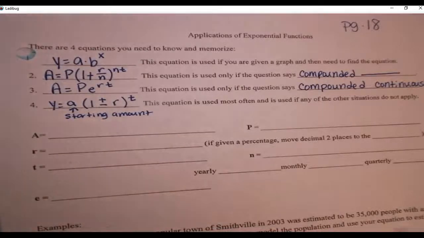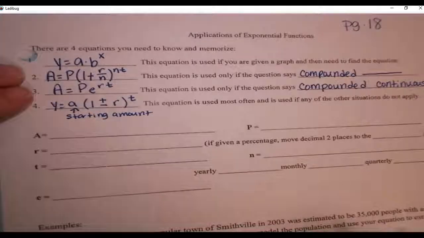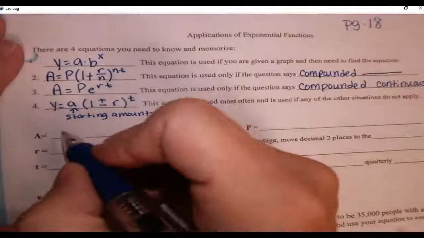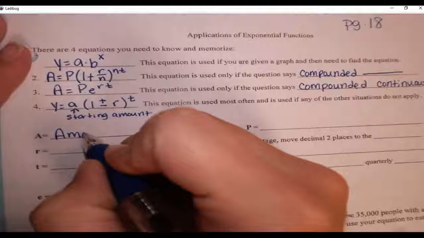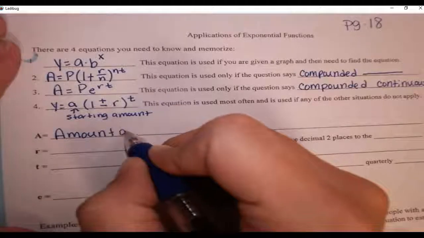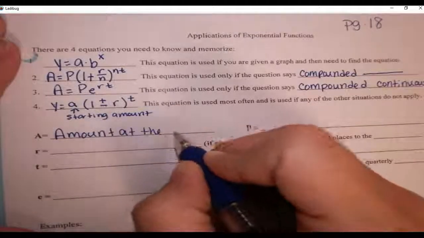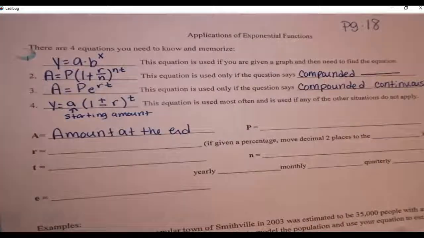Then the big A, which is in 2 and 3, is your amount at the end. So if you're talking about an investment that lasts for 5 years, A would be how much money you would have after those 5 years.